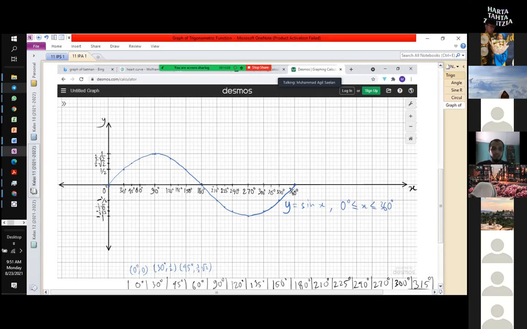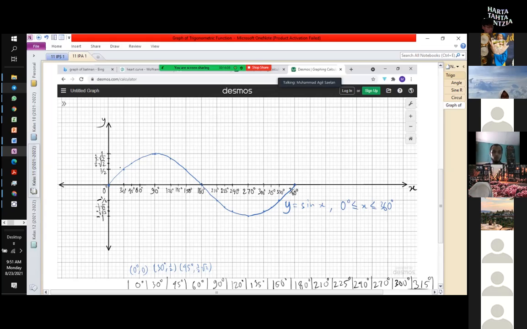Maybe in physics, I don't know if you have learned it in physics or not, but to compute, for example, something that looks like a wave, you can use the sine graph. I think it's on the topic of sound waves, or probably also some other waves. I'm not very sure.